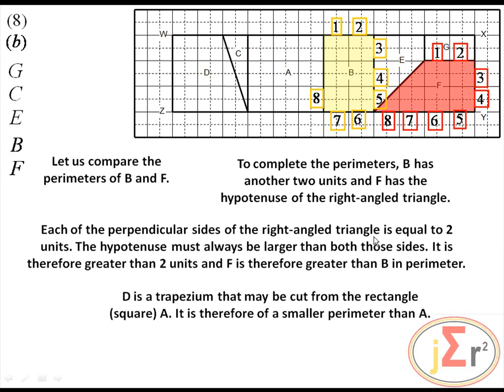So we have D is smaller, A is larger, and the order is G, C, E, B, F, D, A in ascending order.